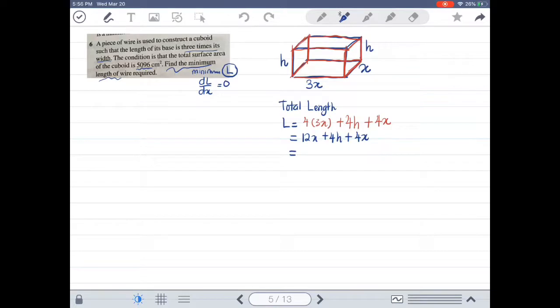So it's equals to 12x plus 4x is 16x plus 4h.